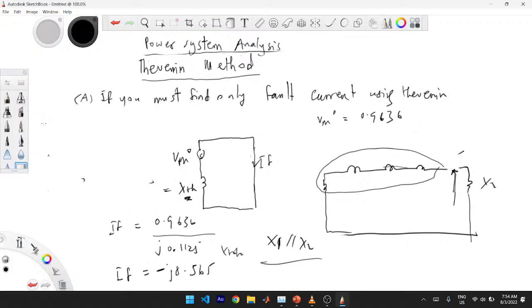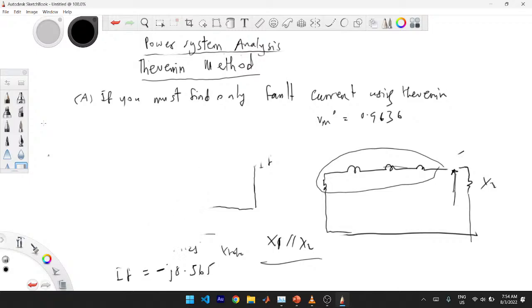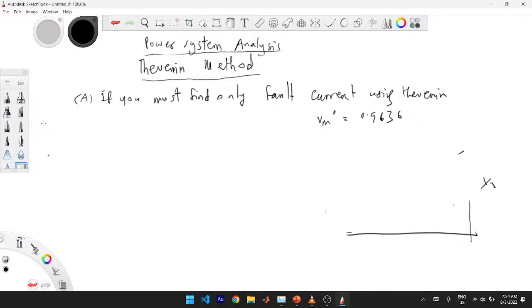Okay. Now, what if you are supposed to find the branch current, like in the actual question, you're supposed to find the fault current due to generator, fault current due to motor, before they say find the actual fault current. So here, this is the equivalent circuit to use. You have your VM here.